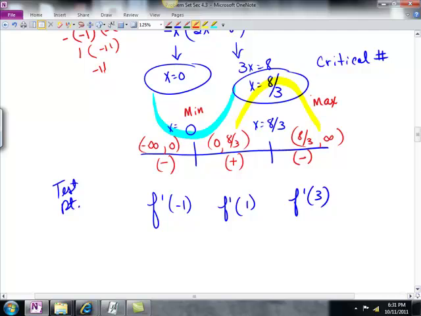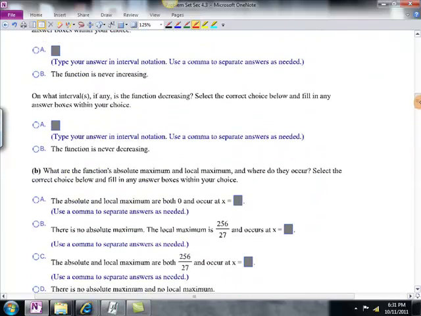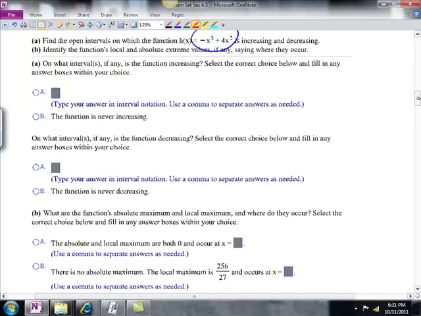Let's go back up and see if we have everything that they asked us to find, because it's a lot of stuff. Okay, where is it increasing? So you've got your work in front of you, mine's down there. Where is it increasing? 0 to 8/3. Okay.